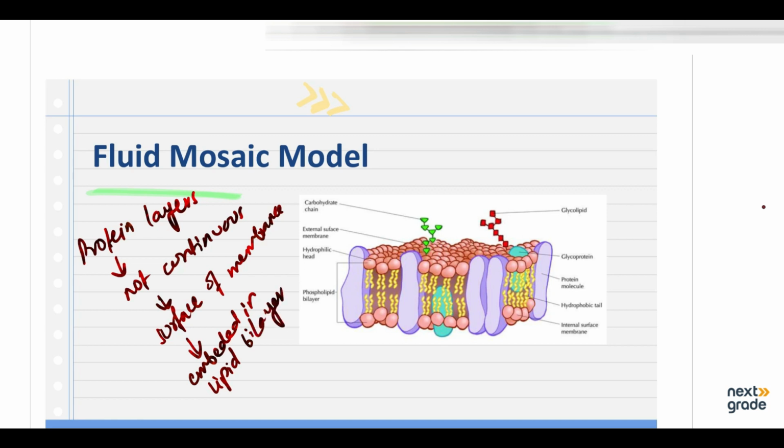This gave rise to the proposal of the fluid mosaic model that at present is the most acceptable model.